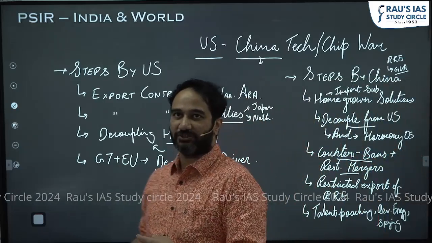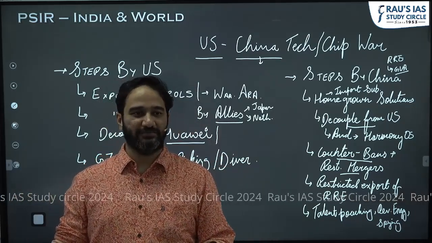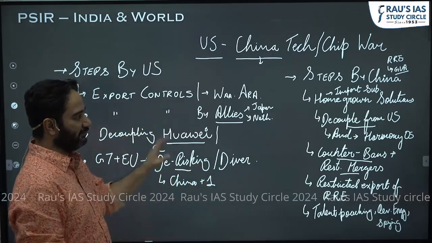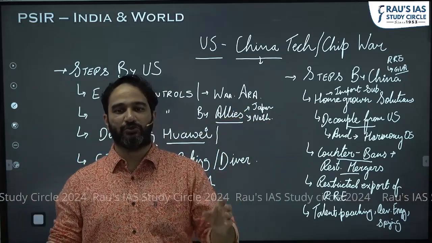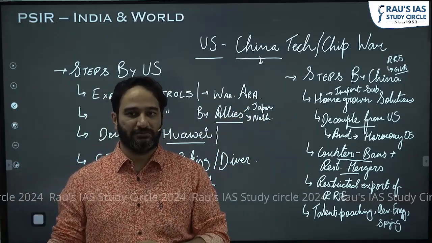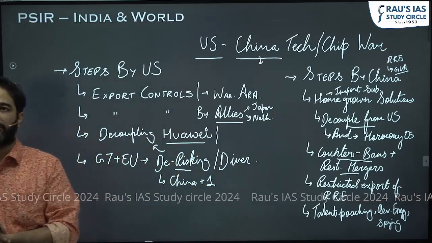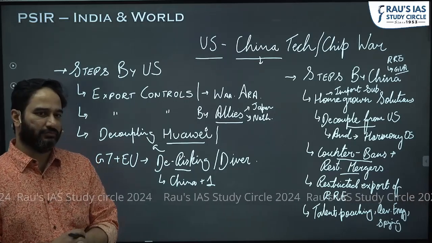So these are all the steps taken by the US, steps taken by the Chinese. In your UPSC answer, make it one paragraph. Use the keywords, one para, only primary keywords, so that you have enough space to write for theory. Any doubts on this? Yes, Prerna? Sir, everything has to be reproduced into one paragraph?